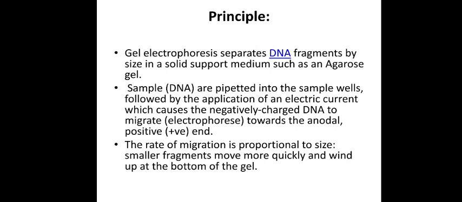What happens? Equal charges repel. So these DNA molecules will start moving towards the anode, which is positively charged. Negatively charged DNA moves towards the positively charged electrode. And this speed will depend upon the length of the fragment. So the rate of migration is always proportional to the size.